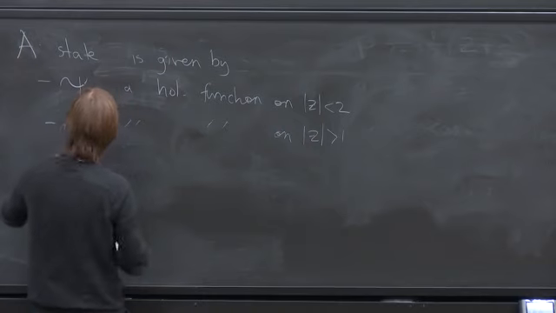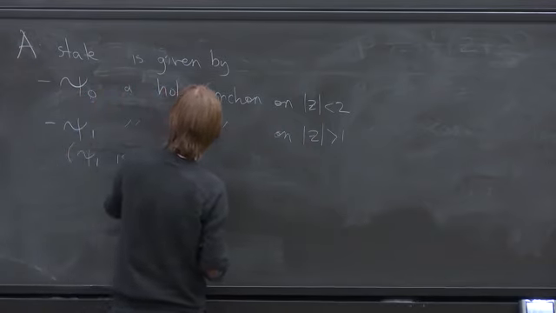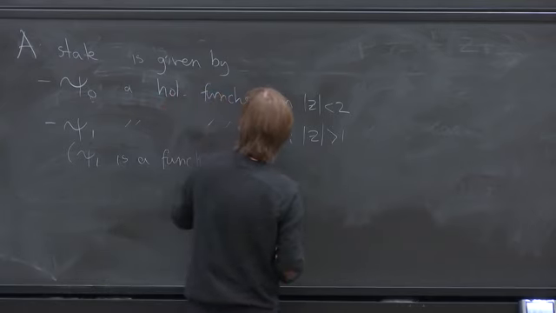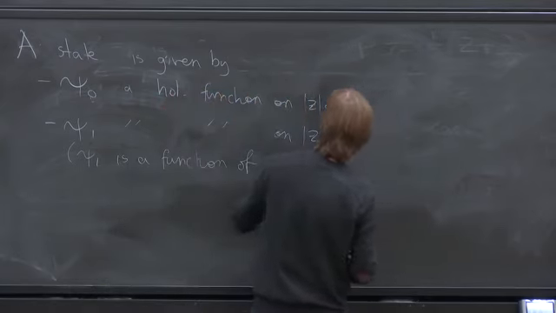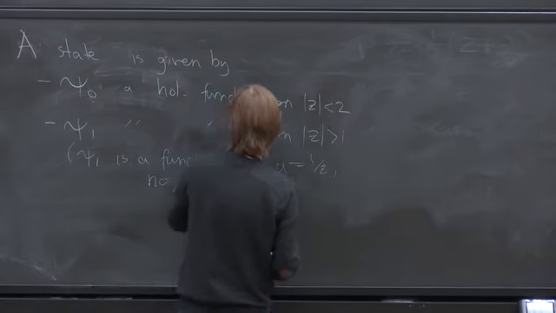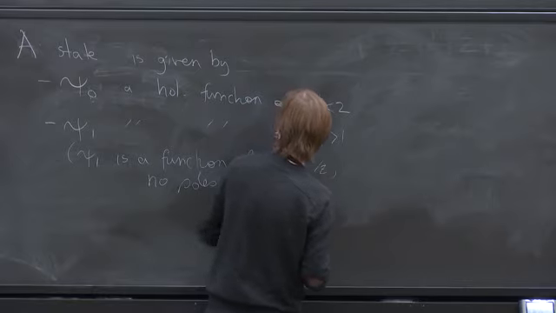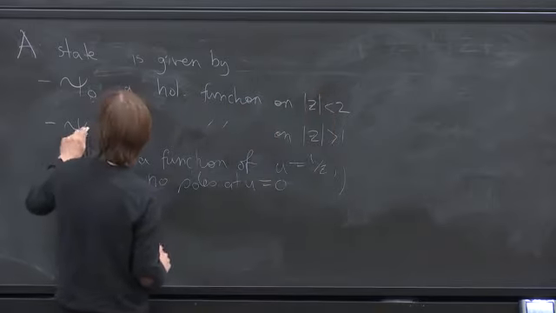So in particular, psi infinity is really a function of 1 over z, so u equals 1 over z, and it has no poles at u equals 0.